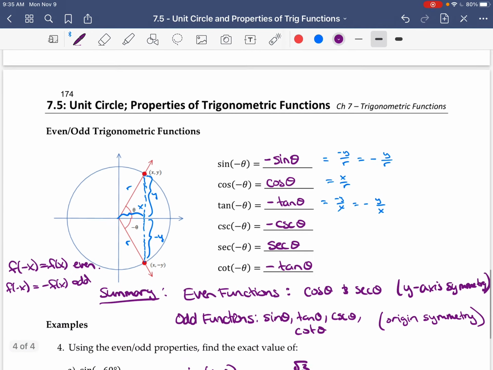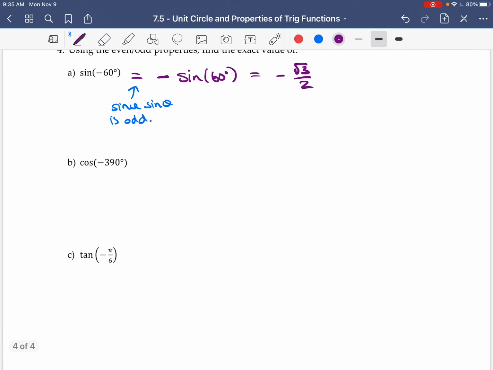Okay, a couple more. So cos of -390 degrees. Because cosine is even, this is actually cosine of positive 390, since cos theta is an even function.